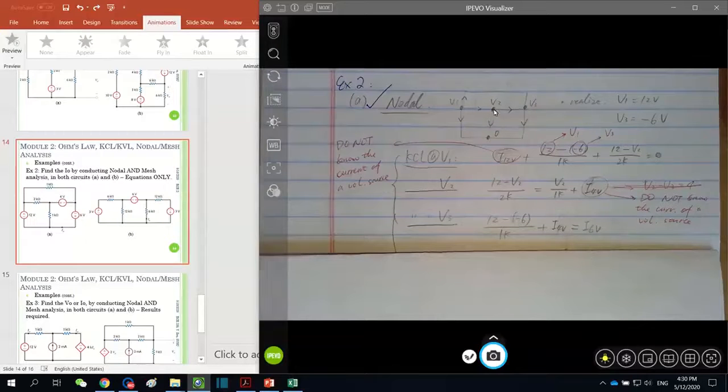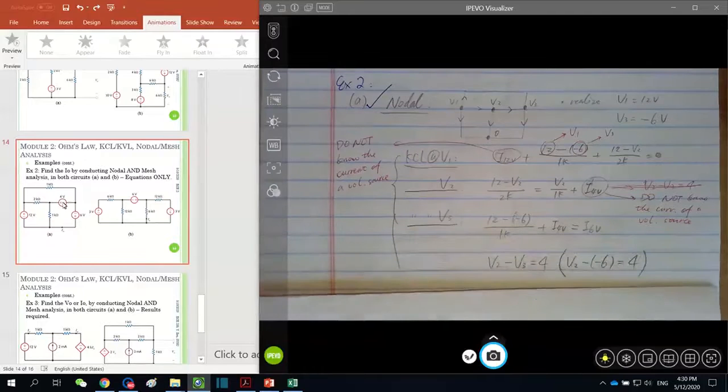Actually, we should notice that the difference between V2 and V3 is nothing but this 4 volts. By reading the 4 volt polarity, V2 going down by 4 volts equals V3, or V3 going up by 4 volts equals V2. Therefore, this is the equation. And of course, V3 equals -6 volts here. Now we have four equations and four unknowns. We can do the job.